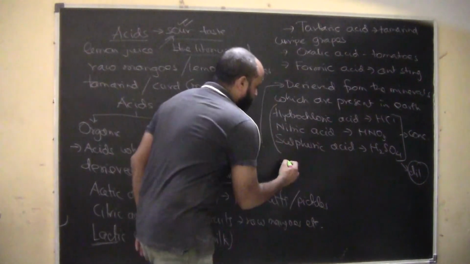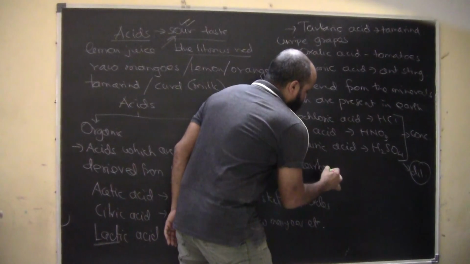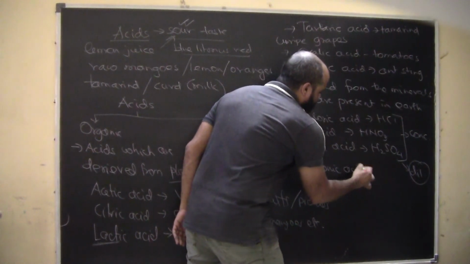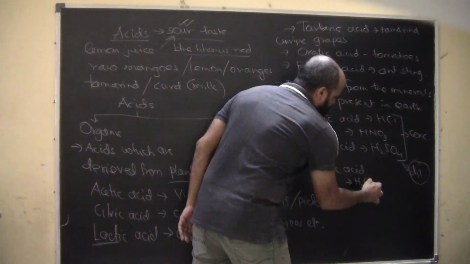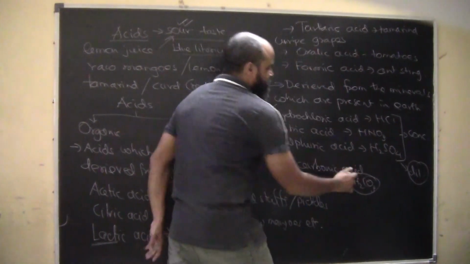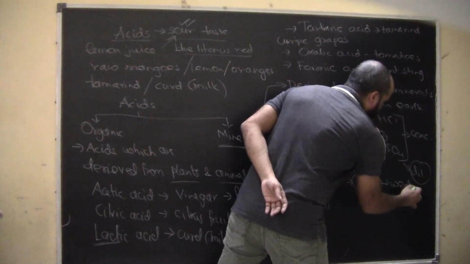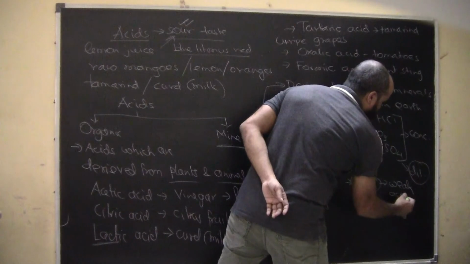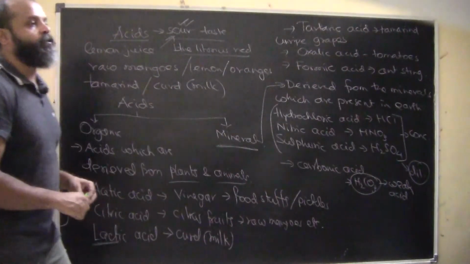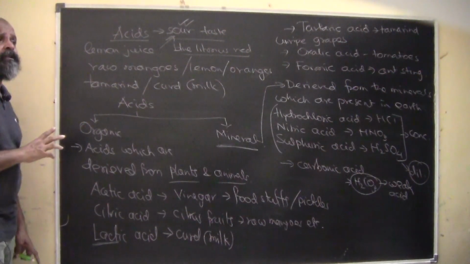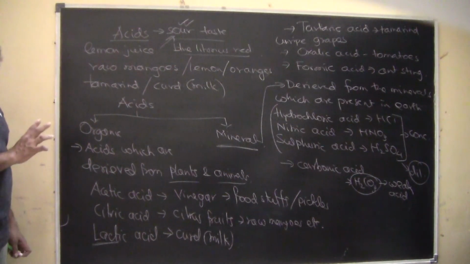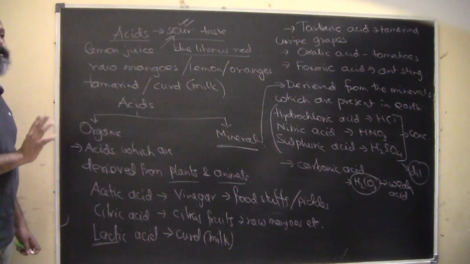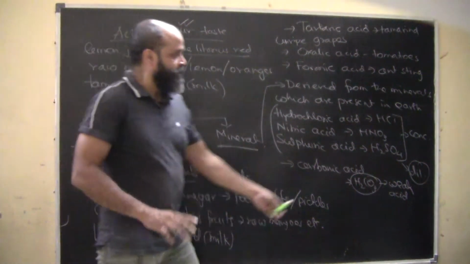One exception that we have is carbonic acid. This is also a mineral acid. Carbonic acid is basically H2CO3, but this is a weak acid. In spite of being a mineral acid, this happens to be a weak acid. So we need to be very careful. Mostly we need to use their dilute forms, and it can be dangerous.